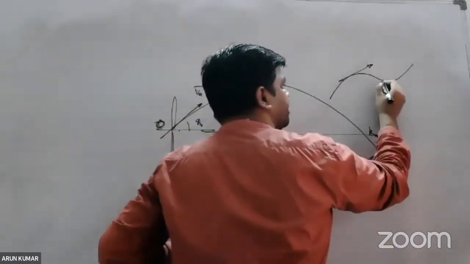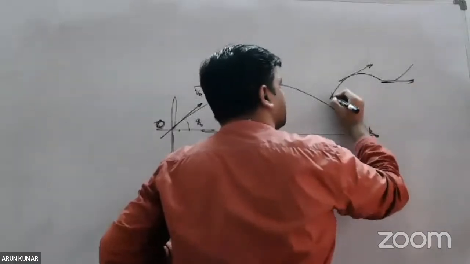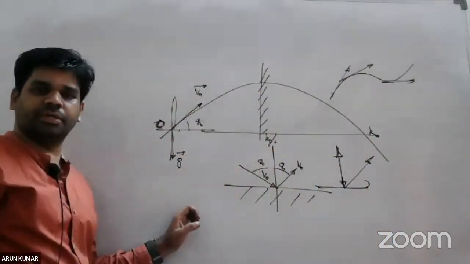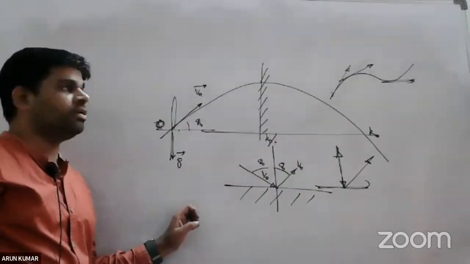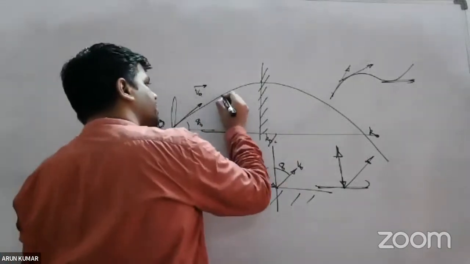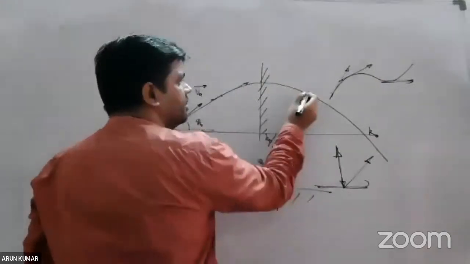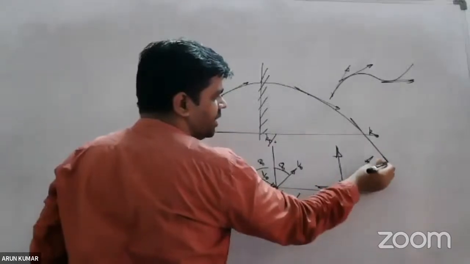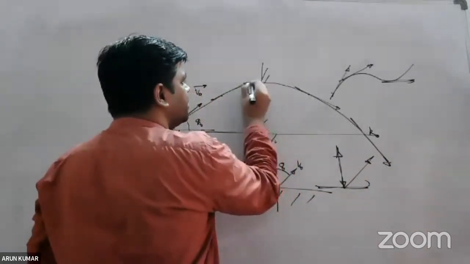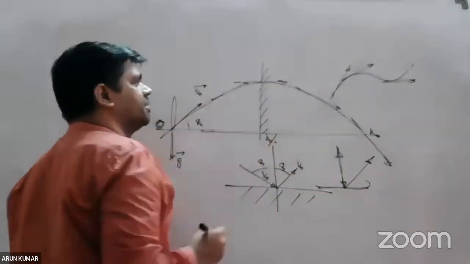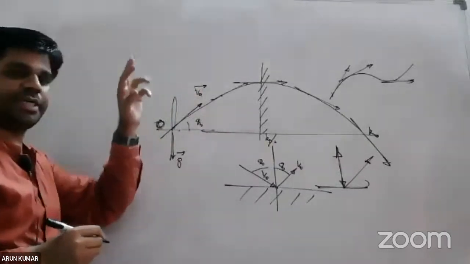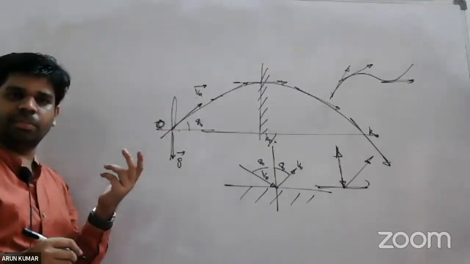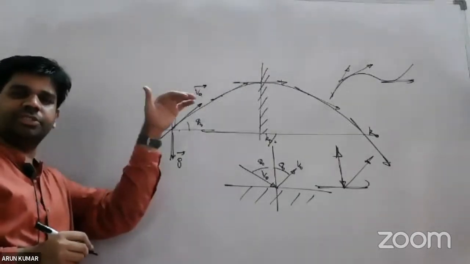I'll draw a tangent to it, and that is the direction in which the particle is moving. Here I draw a tangent, here also, and here also. So the tangent is horizontal at the vertex. Do you agree? Yes, sir. At the highest point, my tangent is horizontal.